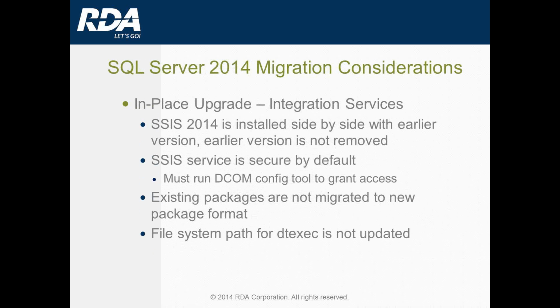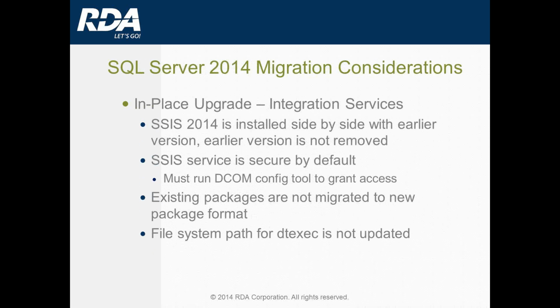From an integration services perspective, an in-place upgrade is basically a side-by-side install. The earlier version is not removed. And because of that, you have basically two existing DTExec paths that wouldn't change.